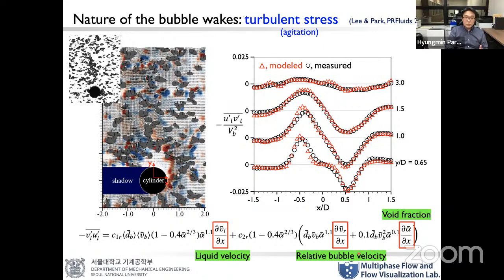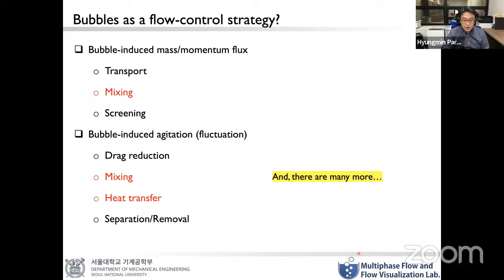Based on all of this fundamental knowledge that we have obtained, we wondered how we can use these properties of bubble-induced flow as a kind of flow control strategy. One thing is the bubble-induced mass and momentum flux. It can be used to transport something, and you can use bubbles to enhance the mixing efficiency, or, like the bubble curtain technology, use the bubbles as a kind of screening method.